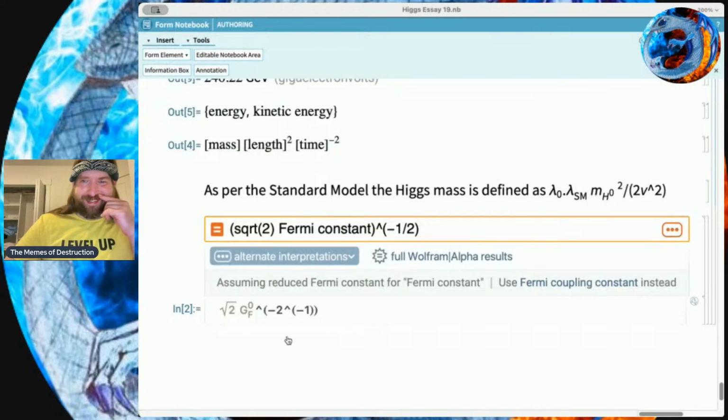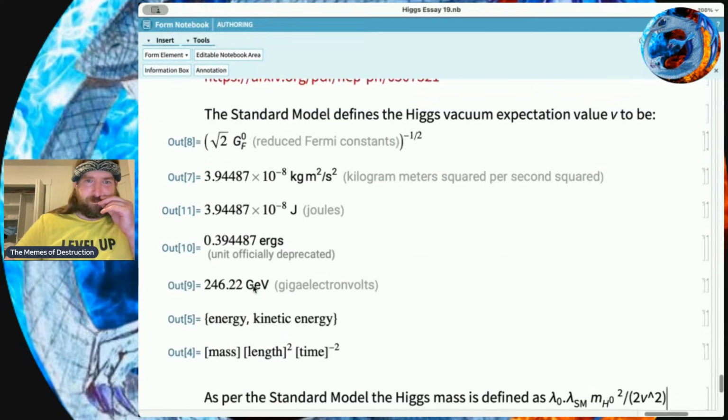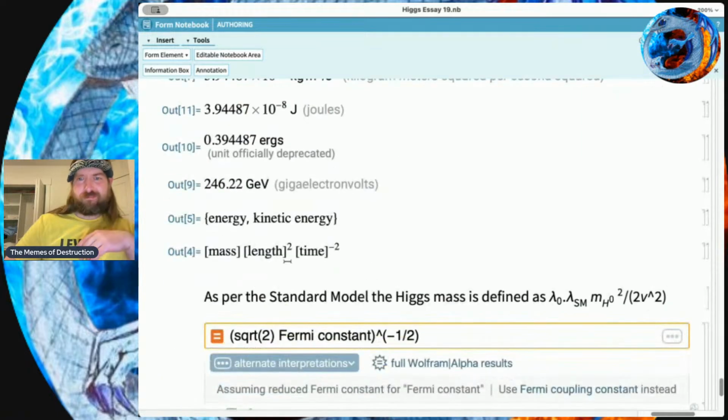Oh, because you insert that. All right. Where was the Higgs mass defined? It's basically the same thing. You just change around some factors. Mathematical model. Of course, no math.